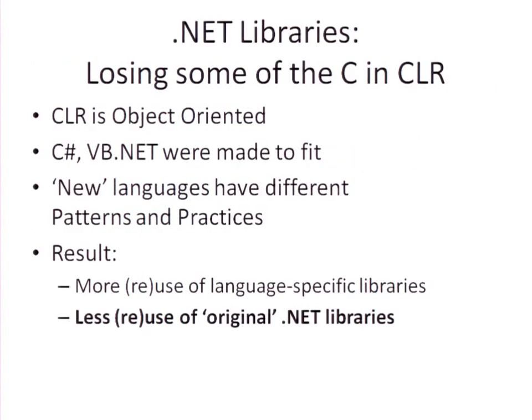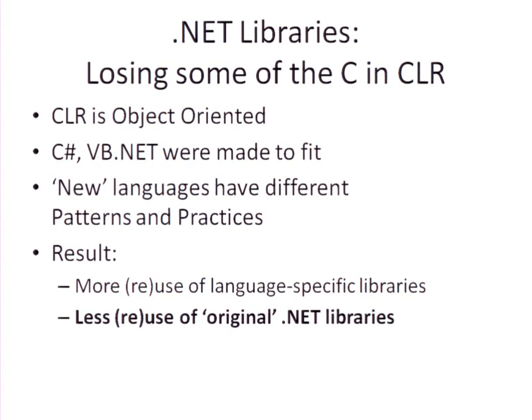The second thing is an issue with .NET libraries and the expansion of the .NET platform to dynamic languages. The CLR is, at its core, an object-oriented runtime. And the initial languages, C#, VB, and C++, are really made to fit on that object-oriented platform.